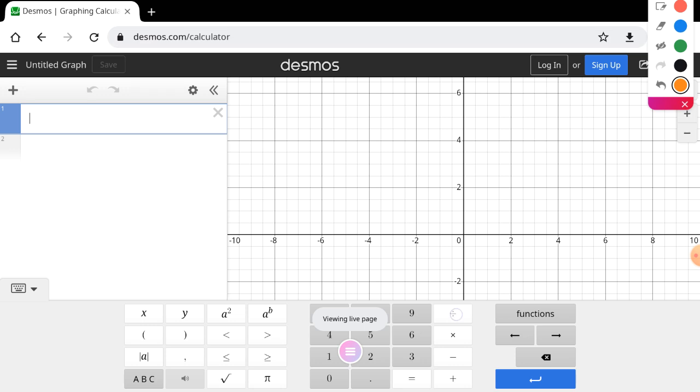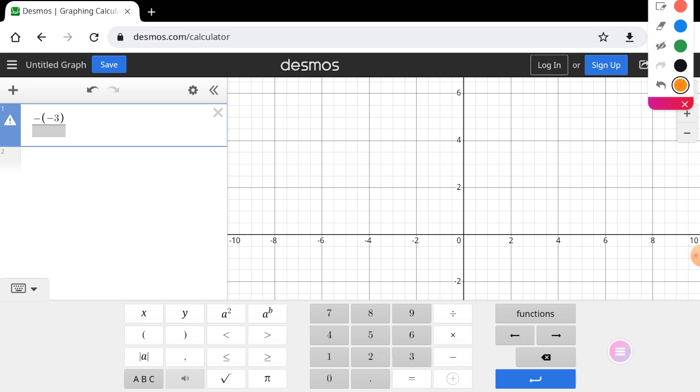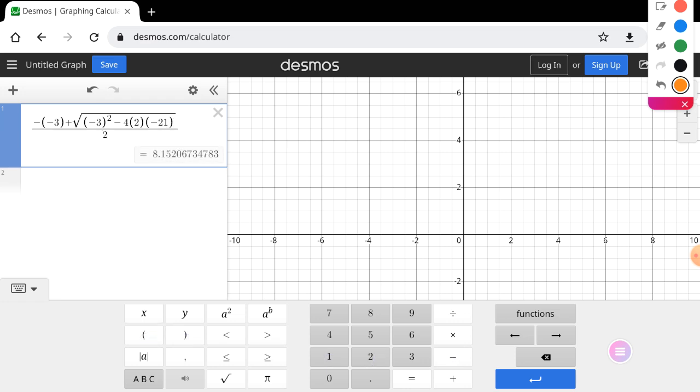There we go, fraction. So we've got negative 3. Now Desmos doesn't do plus minus. Hit your plus sign first, square root. Negative 3 squared minus 4 times 2 times negative 21, all over 2 times 2.